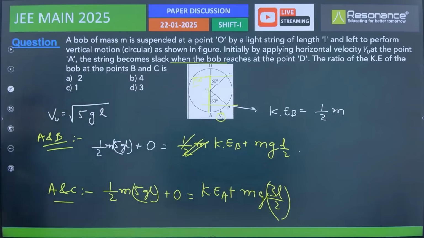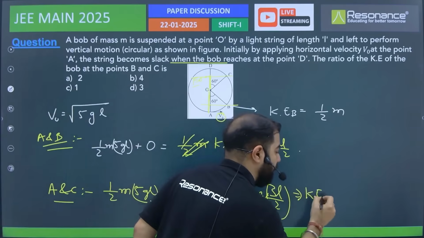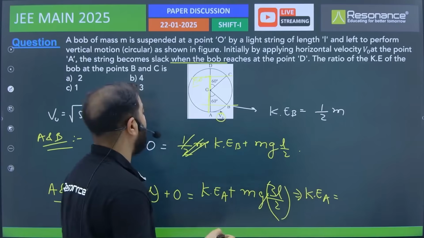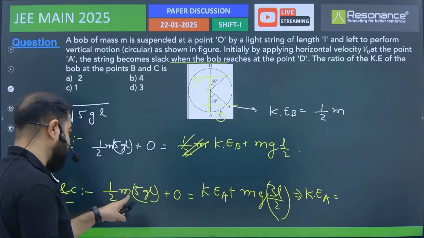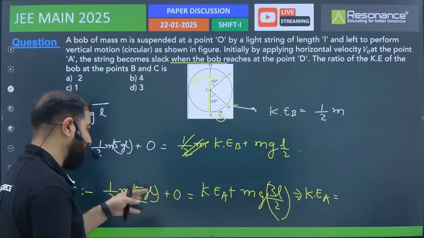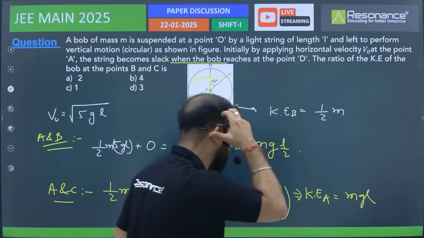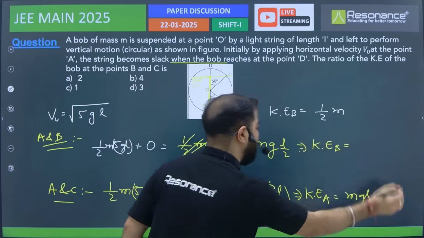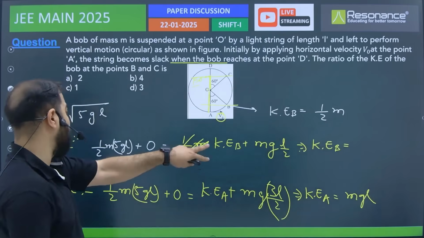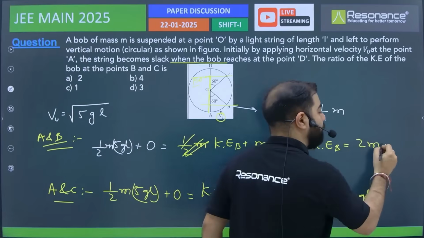Okay, so kinetic energy at point C is equal to 5mgl by 2 minus 3mgl by 2, that is 2.5 minus 1.5, which is 1 mgl. And kinetic energy at point B will be 5mgl by 2 minus mgl by 2, that is 2.5 minus 0.5, which is 2 mgl.